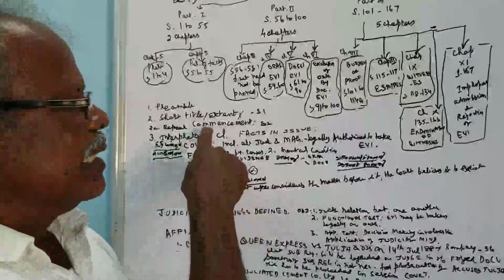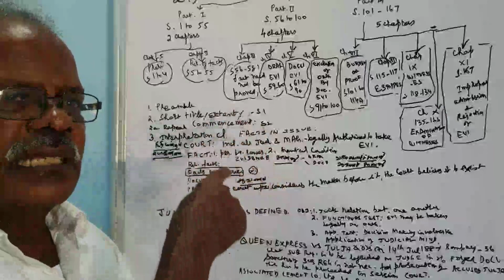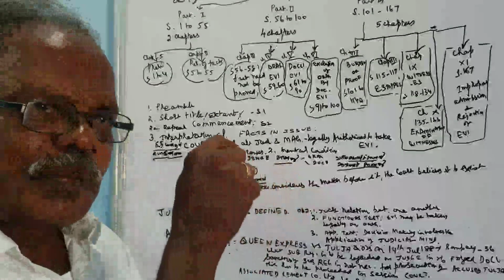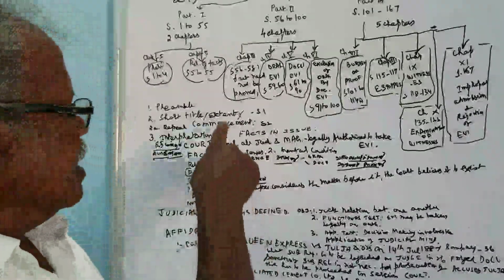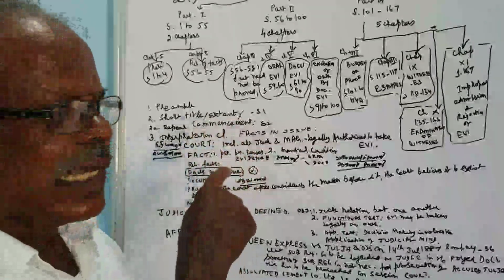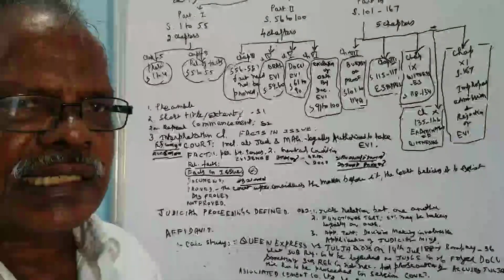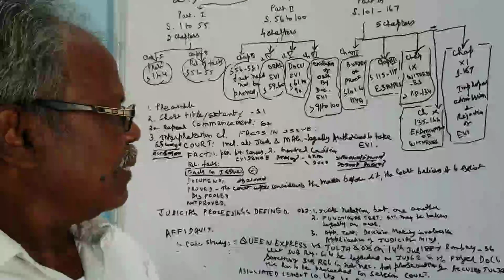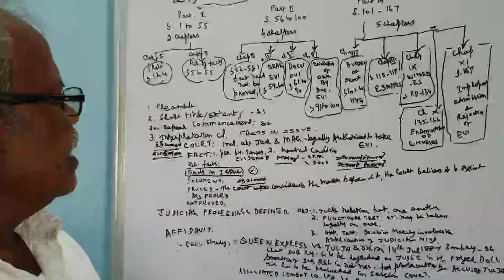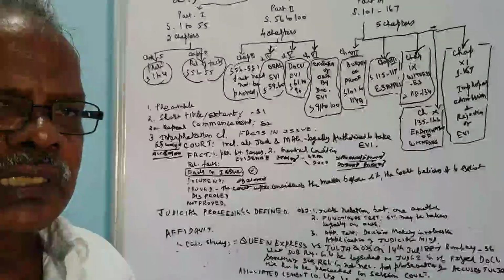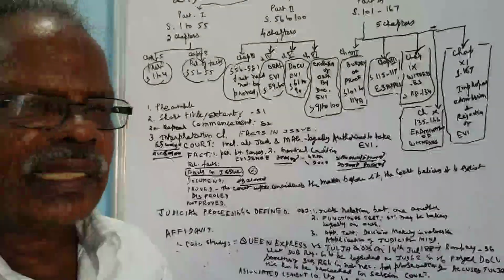Everything is included. The Indian Evidence Act is applicable to all these. That is called extent. Extent means how far the law extends, the applicability of the law. Then the second section is repeal of Acts.